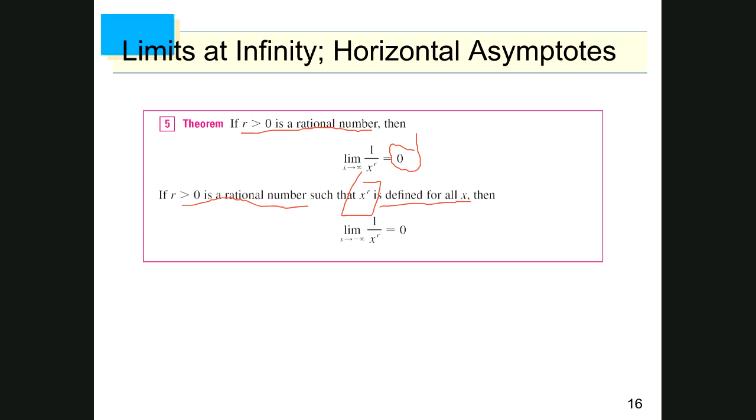So when looking for the limit as x approaches minus infinity, you need to be really careful, because it will only work if you can actually evaluate the root of that negative value in the bottom piece. In most cases, it's going to be an odd root, so you're going to have something like cube root, fifth root, seventh root, and so on. Once you have an even root, the bottom is not going to work, because you'd have the square root of some negative value, fourth root of some negative value, sixth root of some negative value. It doesn't work. That's why you see this extra condition that says x to the power r is defined for all x.